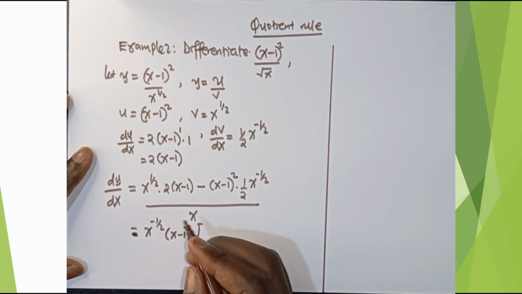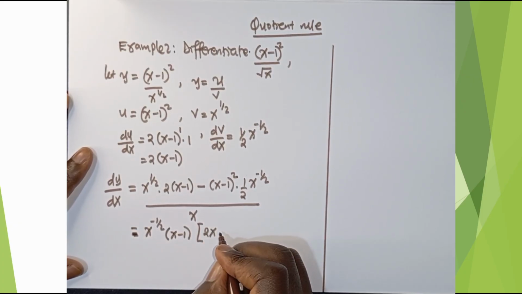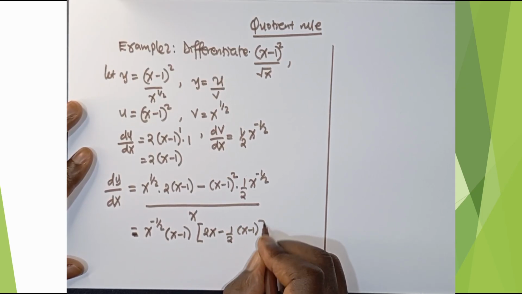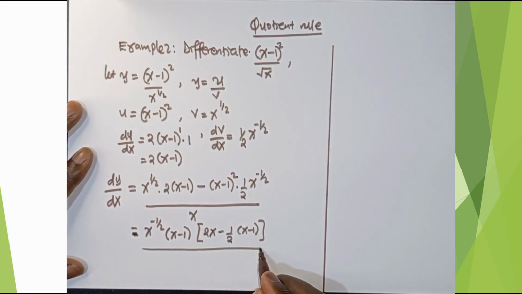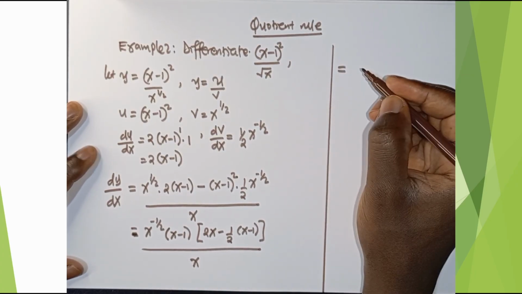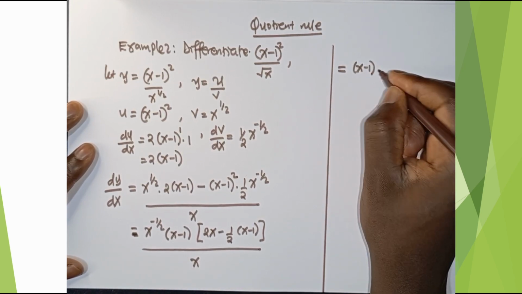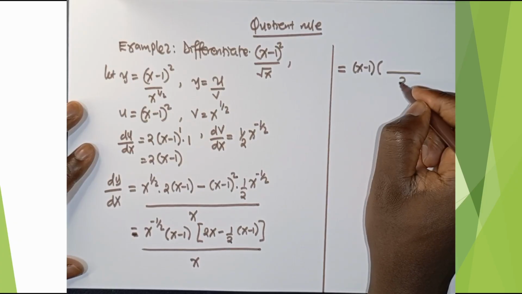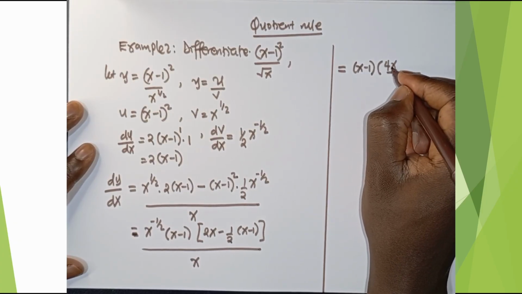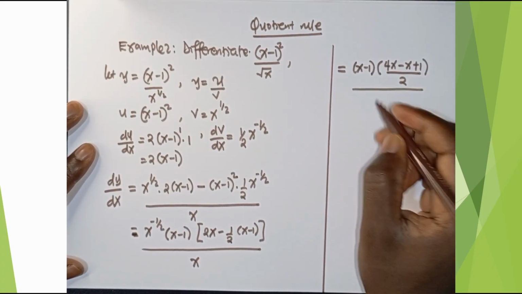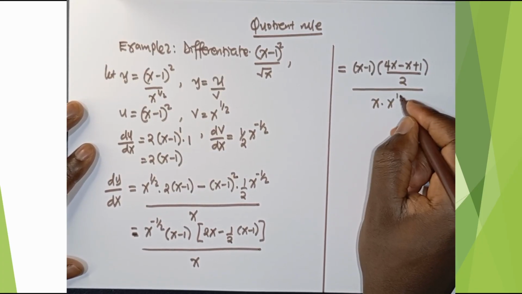We are remaining with 2x, then minus a half into x minus 1, and then everything all over x. So this x power negative a half will go down, so we have x minus 1 into, when you get the LCM inside, which is 2, you end up having 4x minus x plus 1, but everything, we shall have x times x to power half.